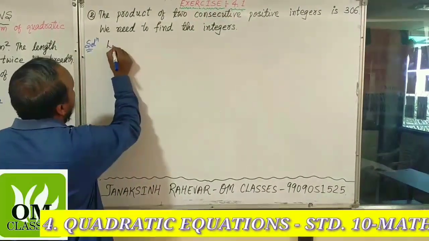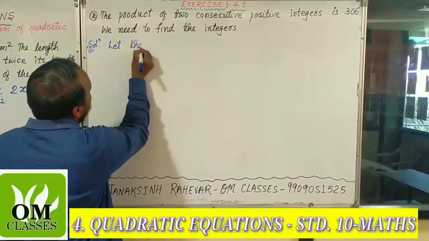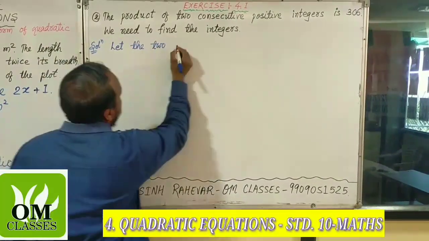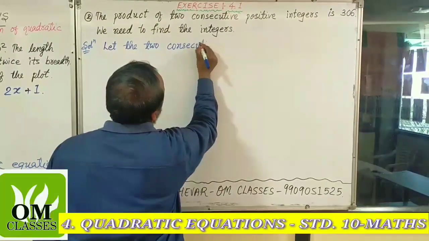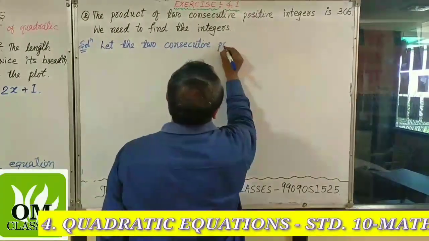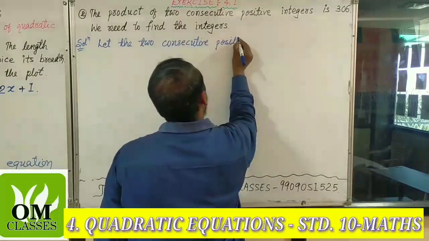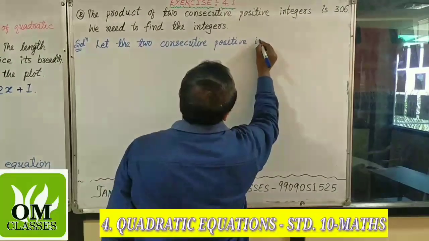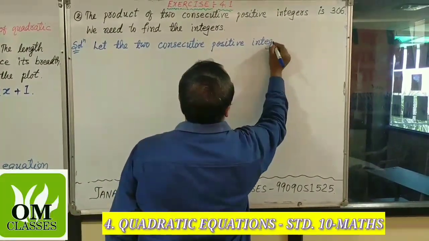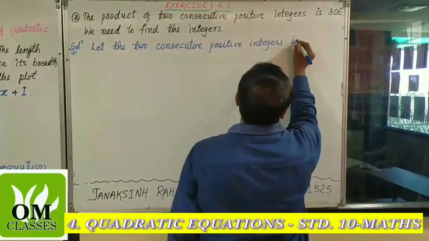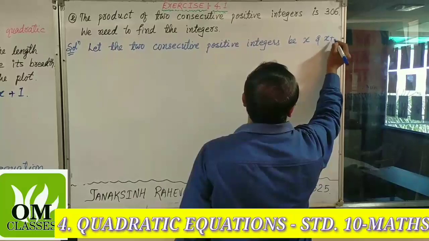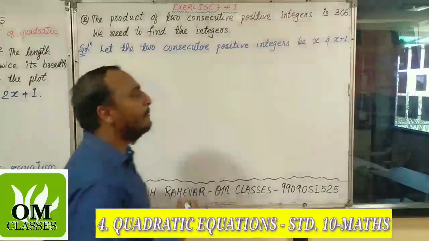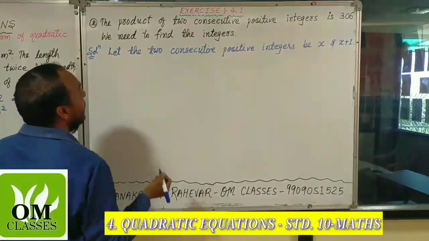So first we need to let the two consecutive positive integers भी क्या लेंगे हम x and x plus 1. ये दो चीज हम दो नंबर्स दो पॉजिटिव इंटीजर्स we will take.